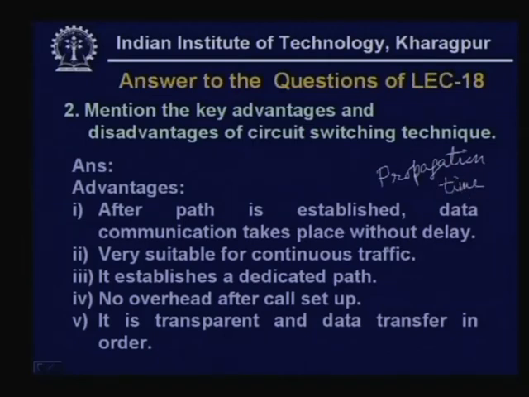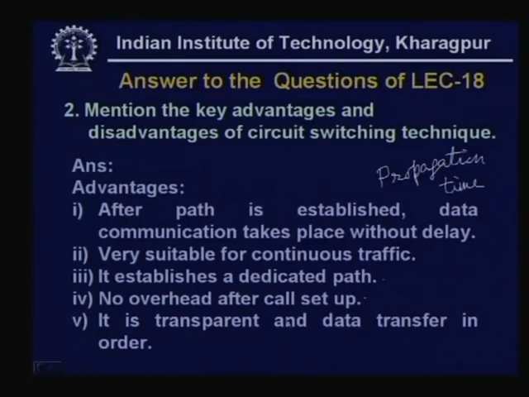And data without delay, very suitable for continuous traffic. Obviously, the circuit switching is very suitable when there is a stream traffic, continuous traffic is being sent from the source to destination. Then it establishes the dedicated path we have seen, and there is no overhead after call setup, and it is transparent, and data transfer is in order.